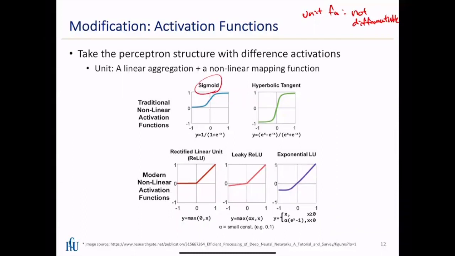Sigmoid, like we have seen, and also hyperbolic tangent, or tanh in many articles, which looks similar to the sigmoid function, but the output range is different, ranging between 1 and -1. These days, the rectified linear unit, or ReLU function, is used more widely. And some adjustments after ReLU, for example leaky ReLU or exponential LU, are also being used.